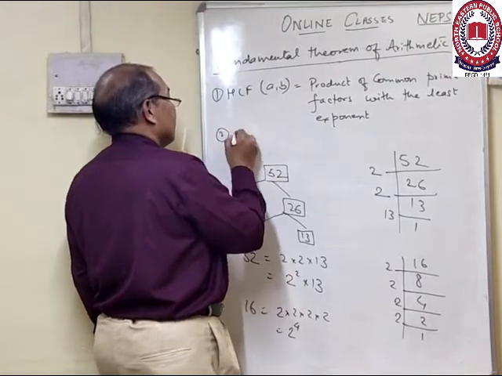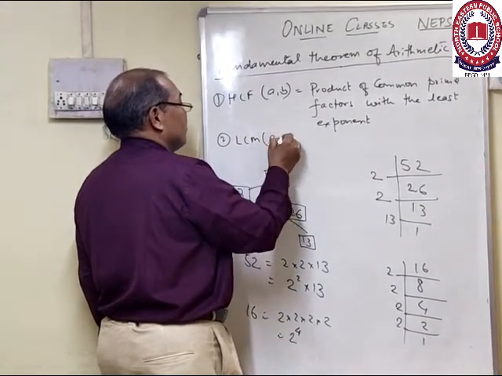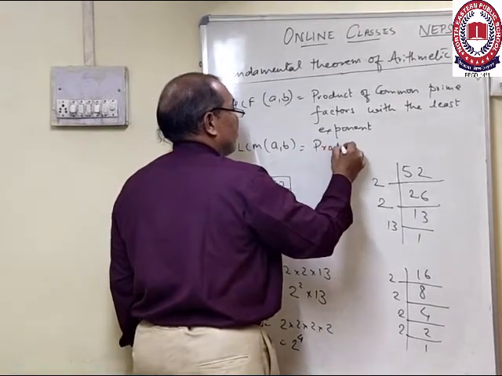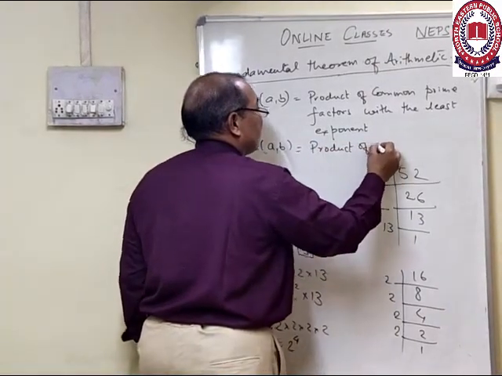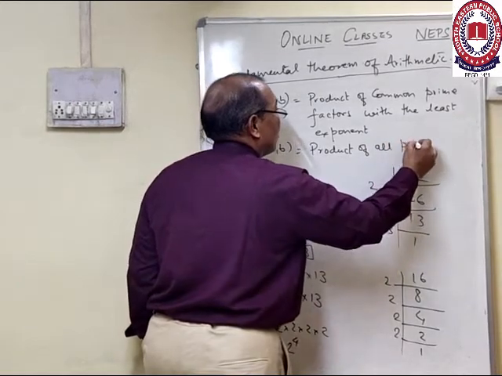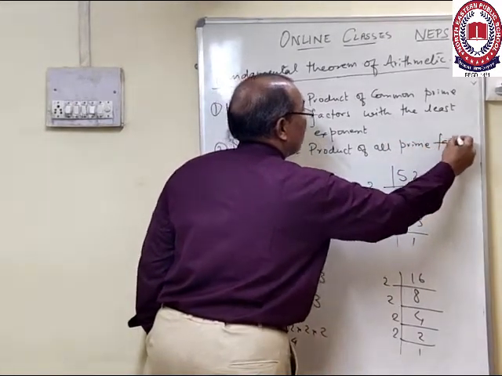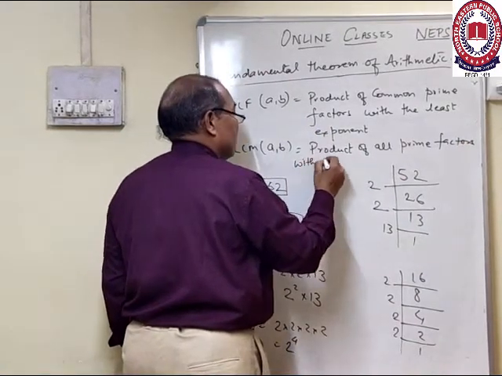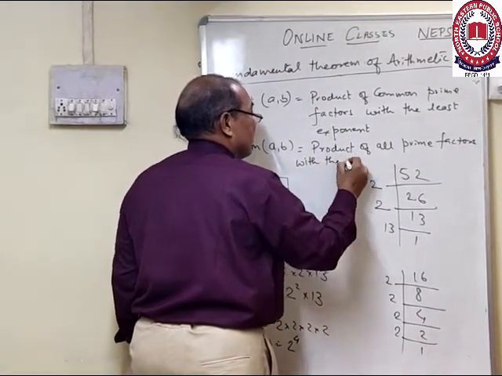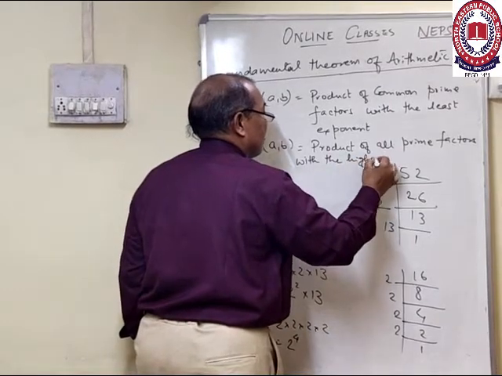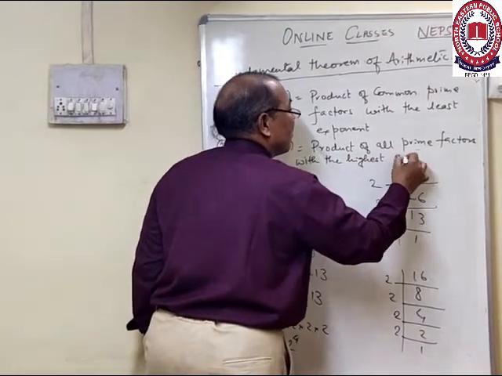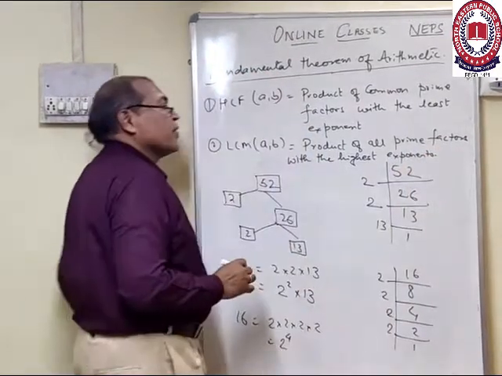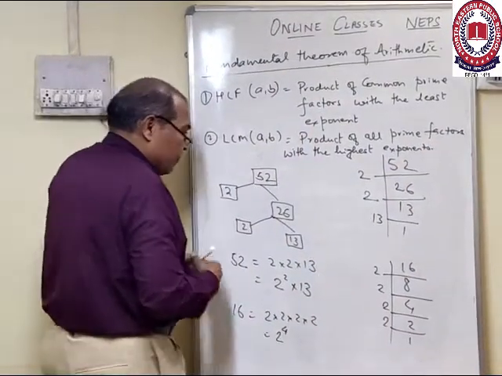And second, LCM of these two numbers A and B is the product of all prime factors with the highest exponents.